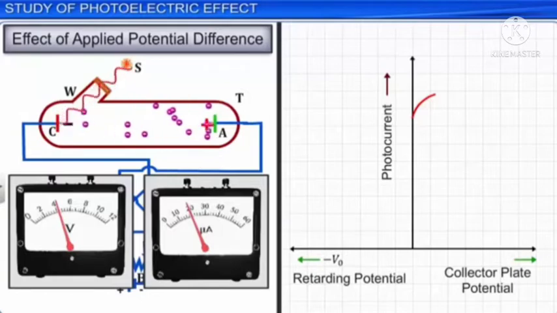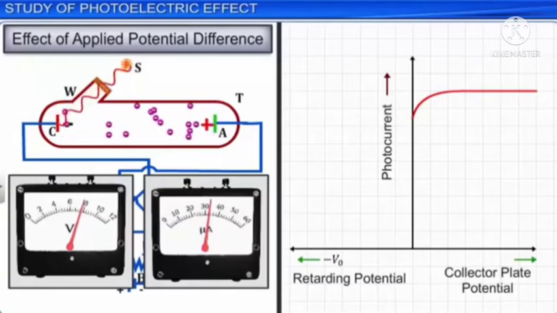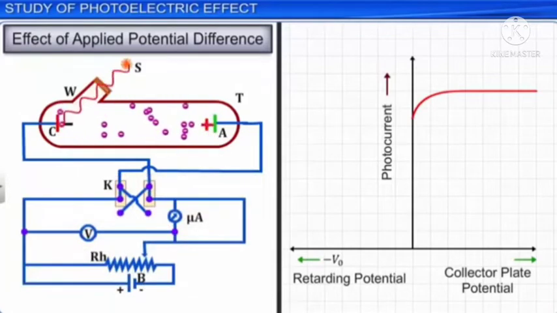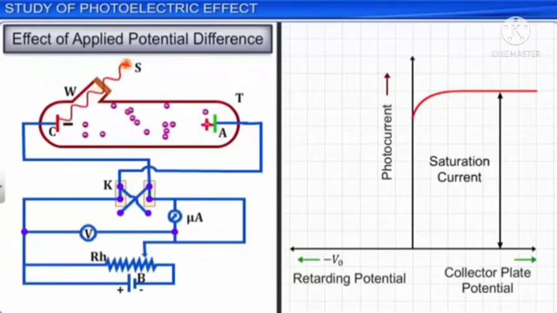As the accelerating potential increases further, you will notice that the current in the microammeter reaches its maximum and remains constant. This maximum value of the current is called saturation current. Saturation current is a consequence of all the photoelectrons emitted by emitter plate C reaching the collector plate A.